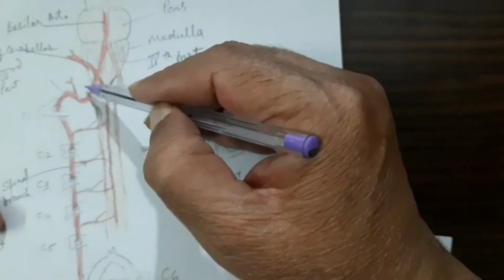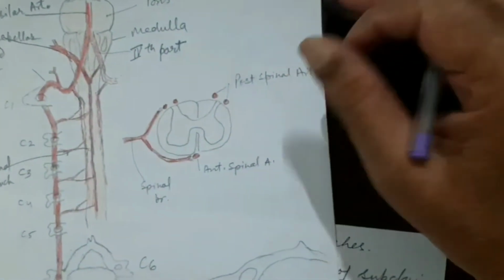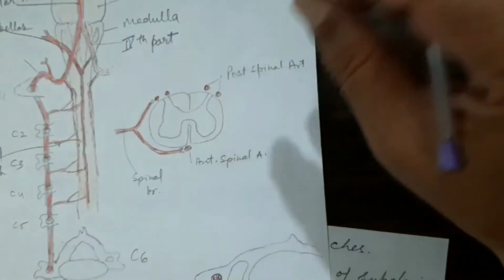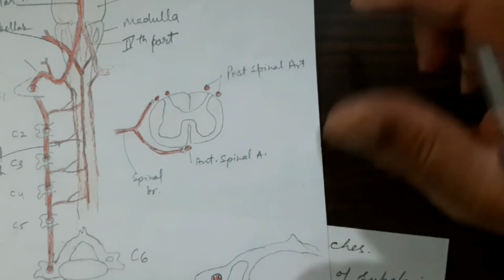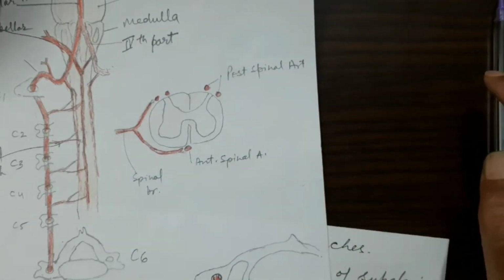So this part lies within the occipital triangle as the content of the occipital triangle. Then this artery will leave the occipital triangle just lateral to the posterior atlanto-occipital membrane, and then it will enter inside the cranial cavity.